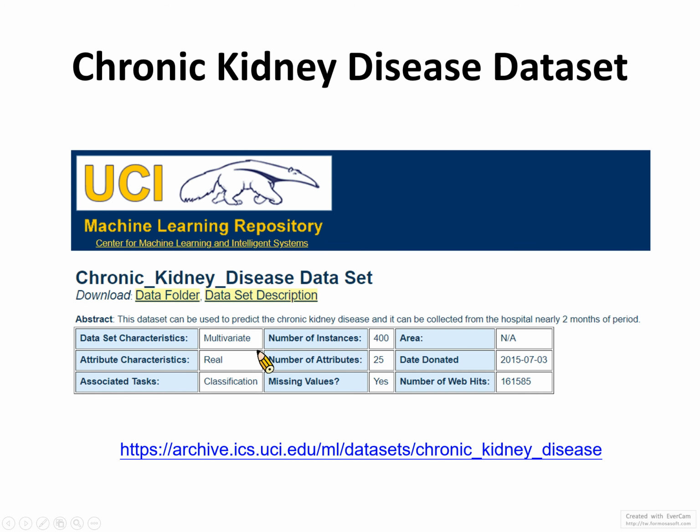Today we will work on a very unique data set. The data set came from the University of California, Irvine campus, so it's UCI. They have a very famous archive of machine learning data, or machine learning repository.